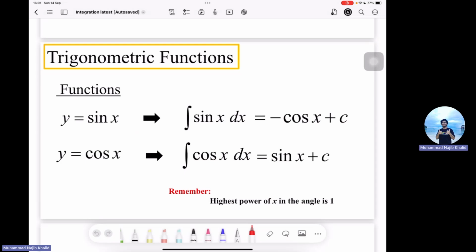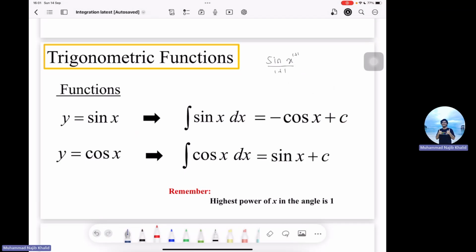Alright, I have seen some of your seniors make a mistake: they use the algebraic rule on trigonometry. What they did is integral of sine x, then 1 plus 1 divided by 1 plus 1. This one is wrong.